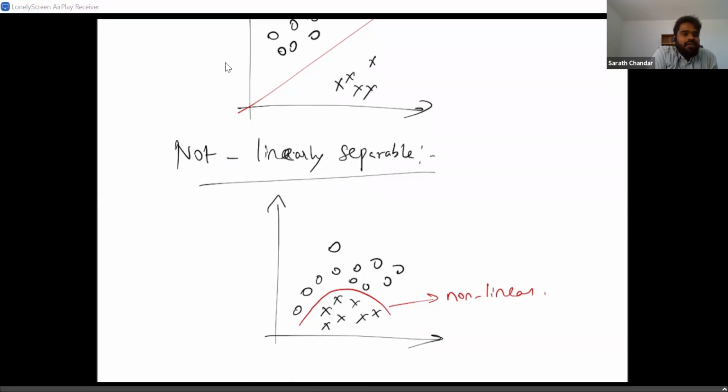Linear classification means the boundary is linear. That is right. Maybe I did not formally define linear classification. I just mean that I'm using linear models for classification, so they could have only linear decision boundaries.